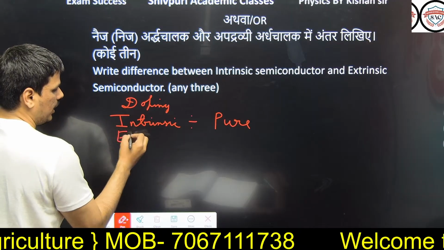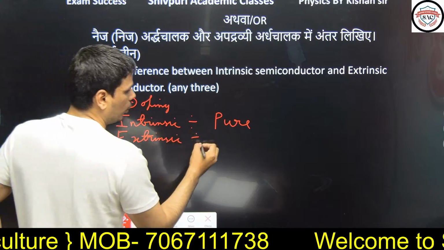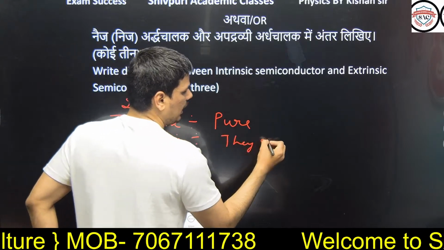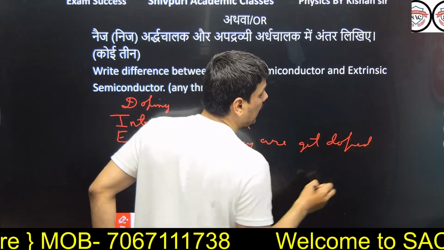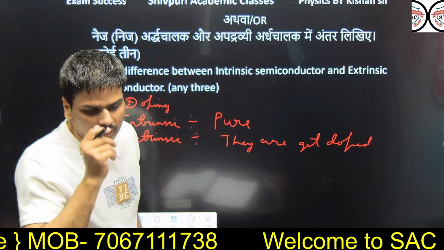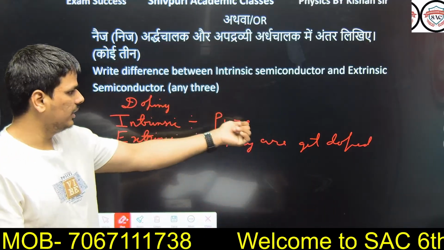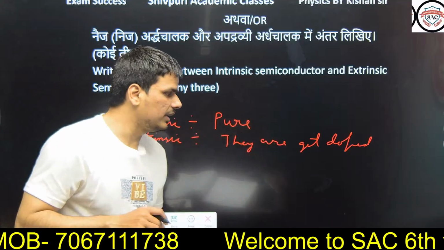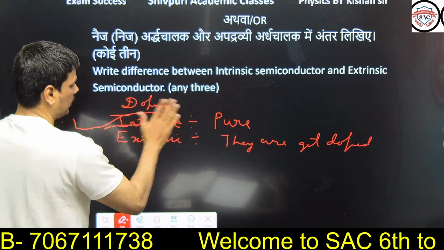The extrinsic semiconductors get doped by pentavalent or trivalent compounds. So intrinsic ones are pure, and extrinsic ones are doped by pentavalent or trivalent compounds.